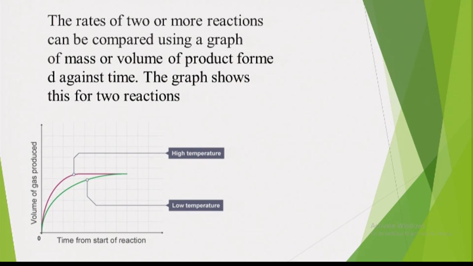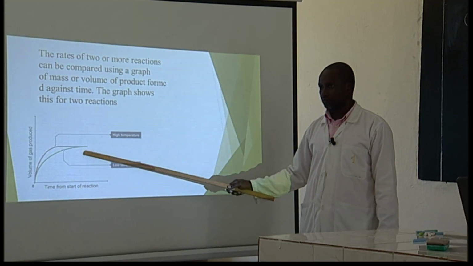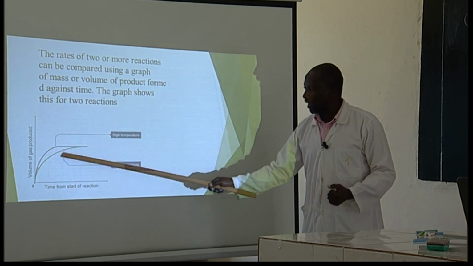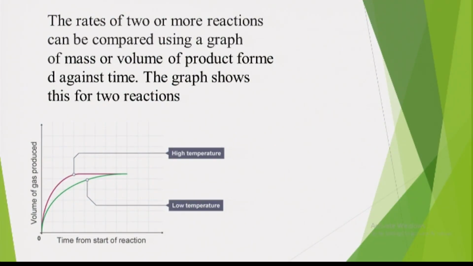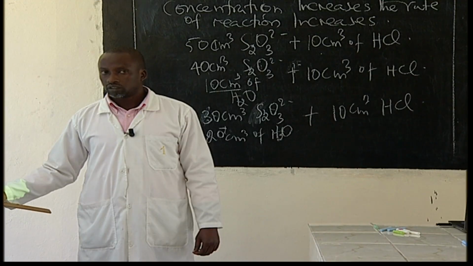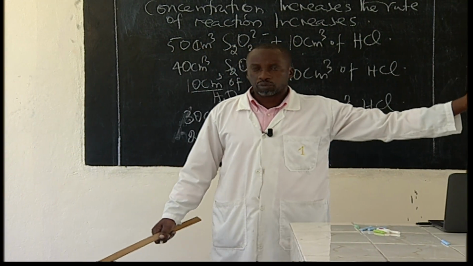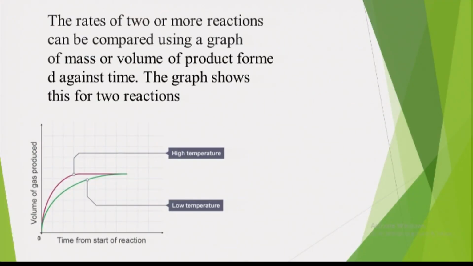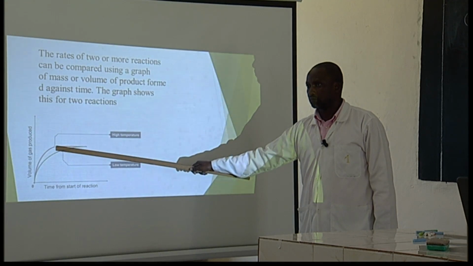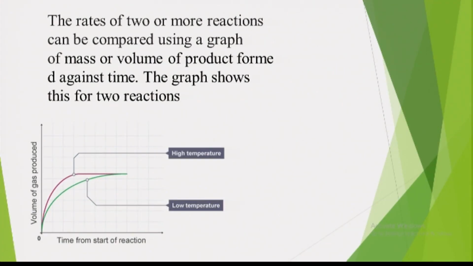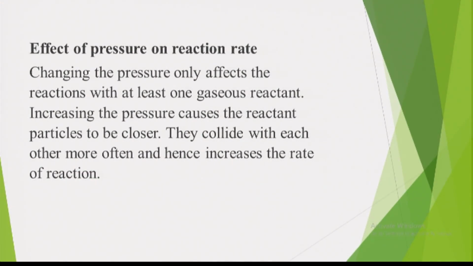This is shown by these two curves. When the results are analyzed, you'll find that the reaction at lower temperature will take longer to reach completion compared to the one with higher temperature, that is the one in red. So that is what happens with the rate of the reactions.